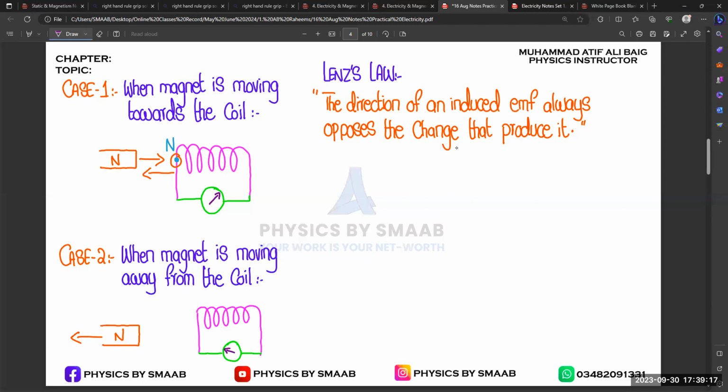And what is the arrow for? Basically this arrow shows you the deflection in the meter, right? Just like a speedometer, when your speed increases it will move in the forward direction, and when your speed decreases it will show you the decreasing direction. But we are using an ammeter over here, because an ammeter shows you the value of electric current.